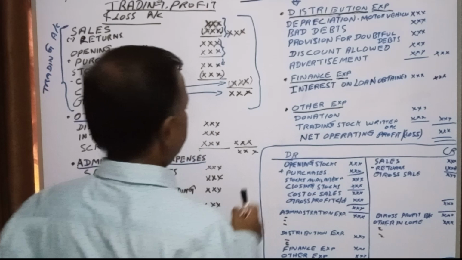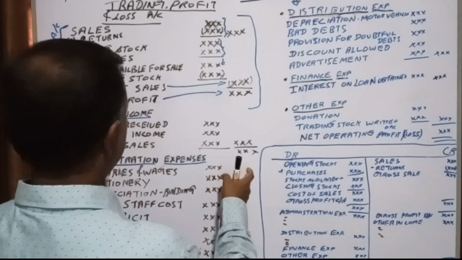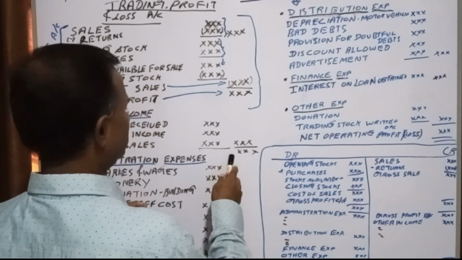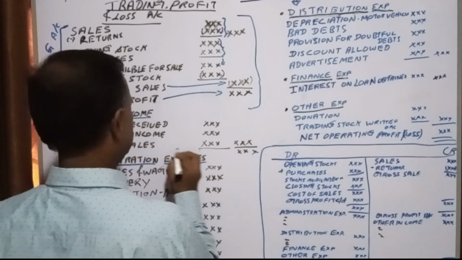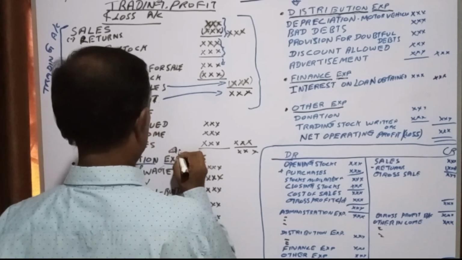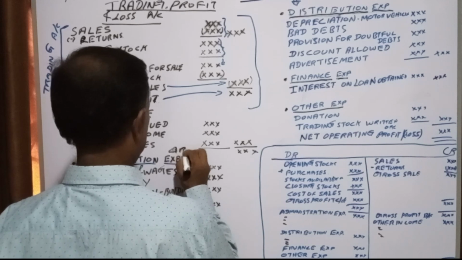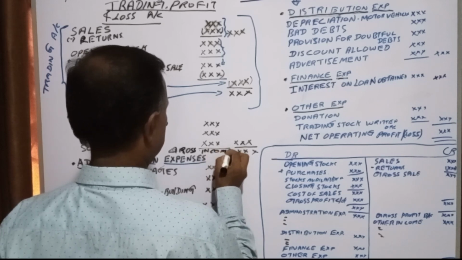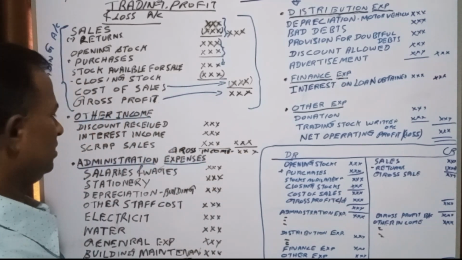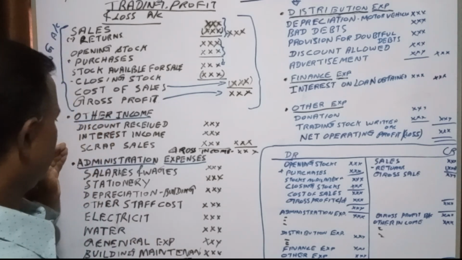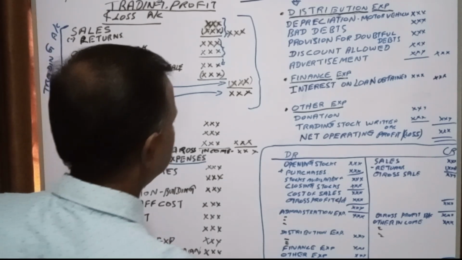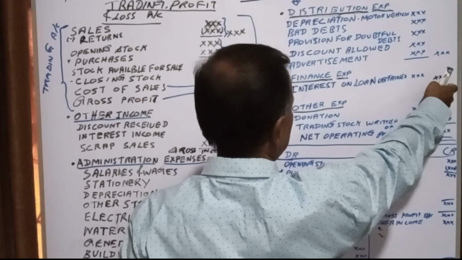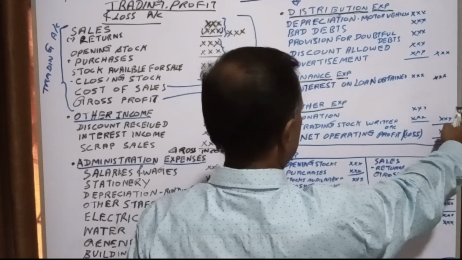So from the gross income, we have to deduct the total administration expenses, total distribution expenses, total finance expenses, and total other expenses.